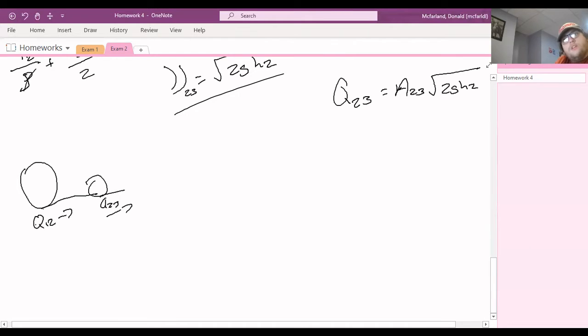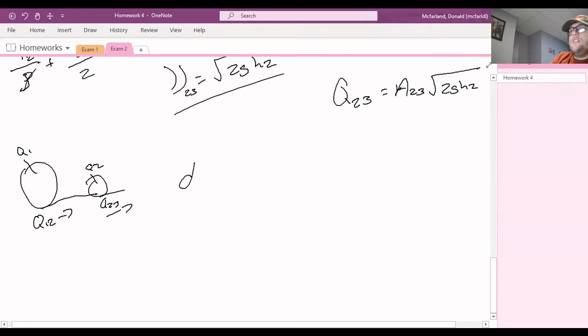We found flow rate for this one and this one. And then these flow rates up here, we have to set. So now we found out the equations for these two. Next up is to figure out what these are for steady state.